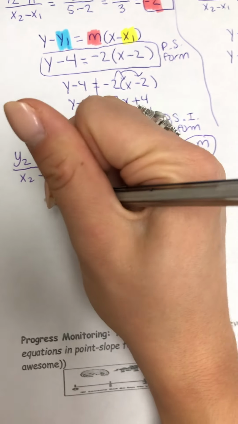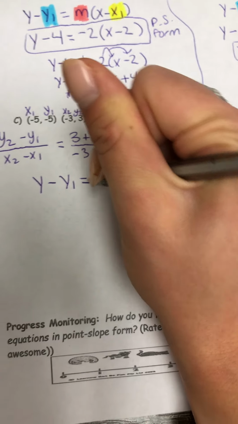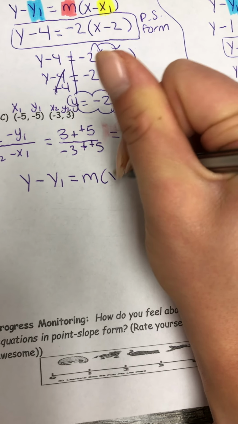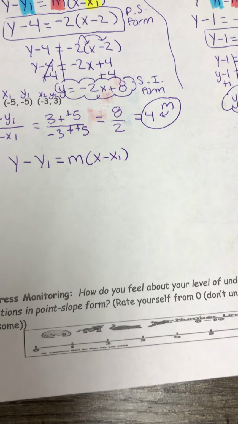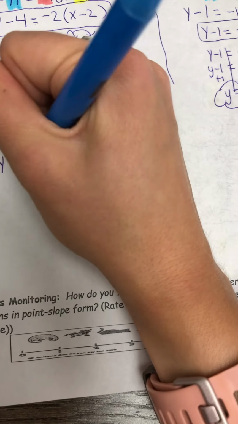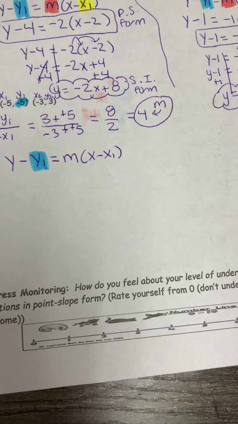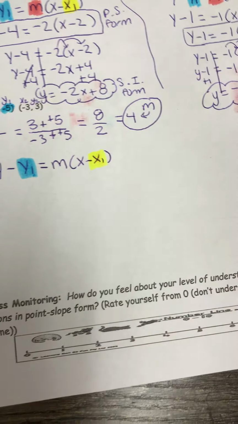I am going to go ahead and rewrite my point slope form equation. Y minus y1 is equal to m times the quantity x minus x1. And I am going to highlight again what I use just so you can see. You don't have to highlight, I just do it so you know exactly what's going on.